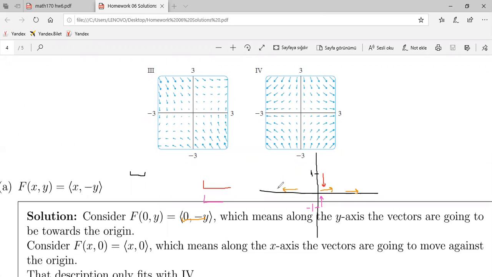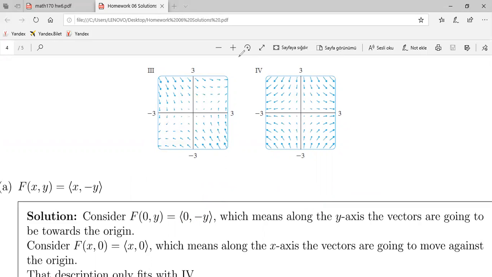When x is negative, we'll have vectors which look like this. And when x is positive, they will be like this. So exactly what we have here and here. We did that before. So the answer for the first part is plot 4.